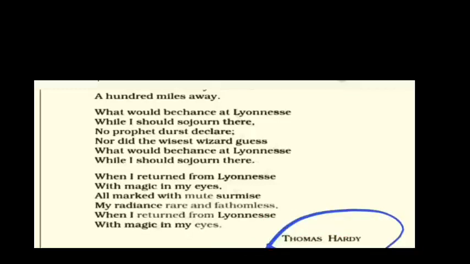No prophet durst declare, nor did the wisest wizard guess. When I returned from Lyonesse with magic in my eyes, all marked with mute surmise, my radiance rare and fathomless.